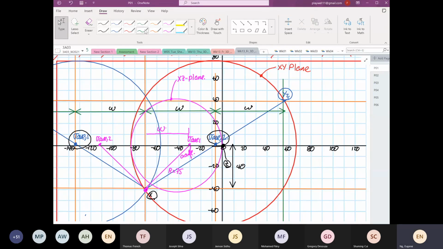So the next circle is here. Okay, so this will be our YZ plane.